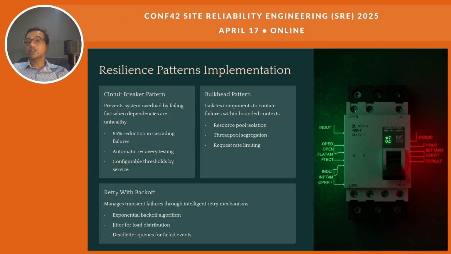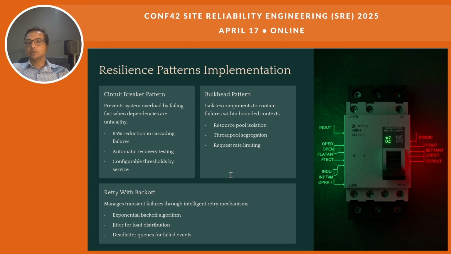Meanwhile, retry with backoff handles transient failures through intelligent retry mechanisms, leveraging exponential backoff algorithms, jitter for load distribution, and dead letter queues to manage unprocessed events effectively. Together, these patterns align with SRE principles by improving system stability, scalability, and operational efficiency.